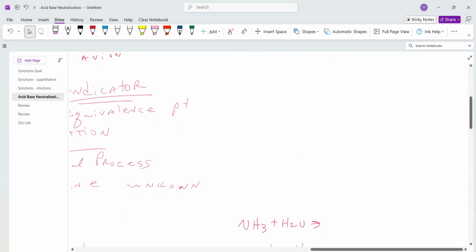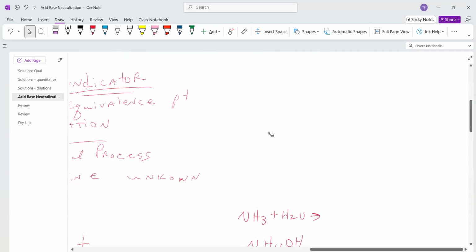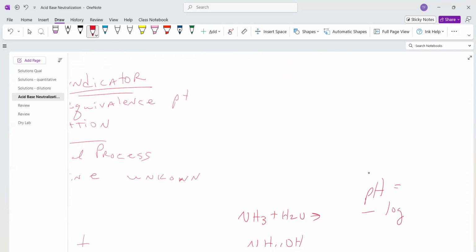Okay, so the definition of pH: it's the negative logarithm of the hydrogen ion concentration.